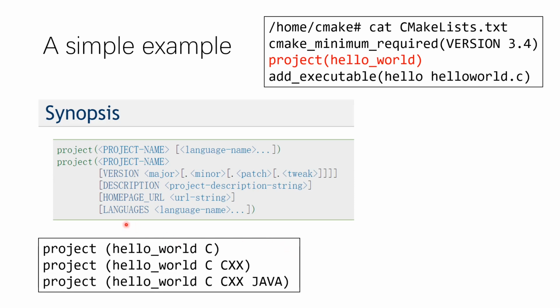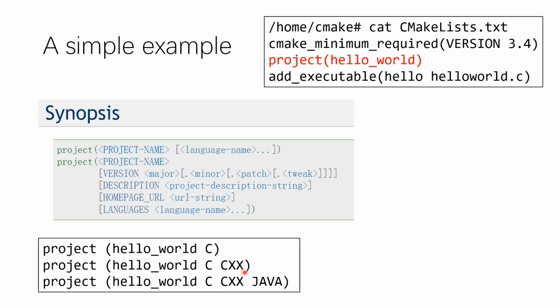You can also specify the language used in your project. For example, in our example, we only have a C source file, so I can use the first command. But I can also use the second and the third command because we specify more languages, but we still have the C language.